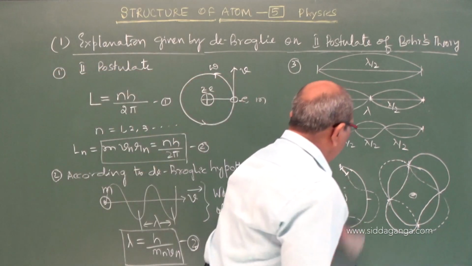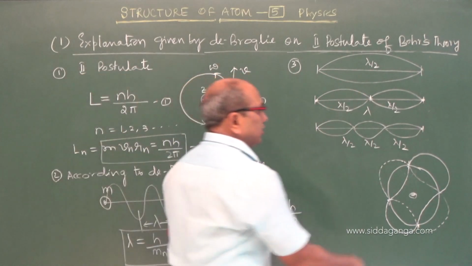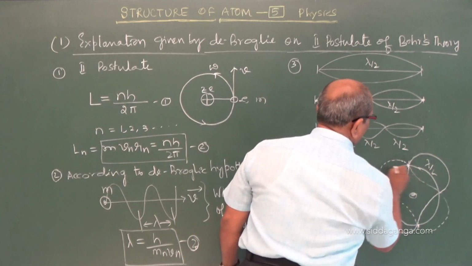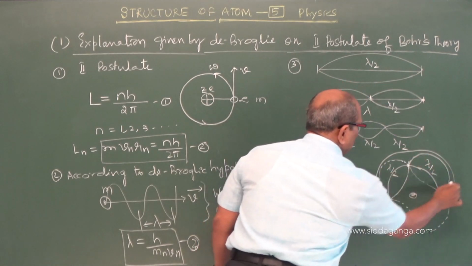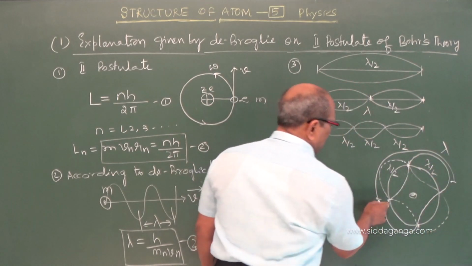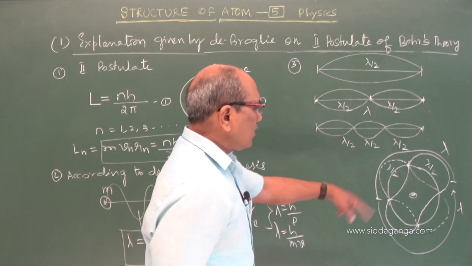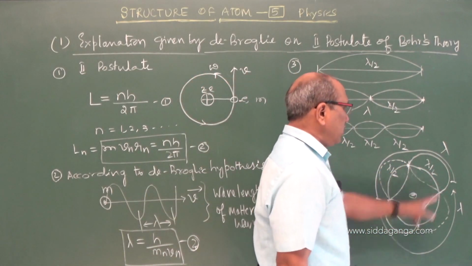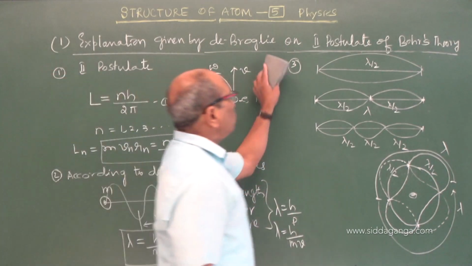The node should come again at the starting point. So here lambda by 2, lambda by 2. From here to here, it is appearing like lambda. Here to here, it is appearing like lambda. The entire orbit is divided into 2 lambda.